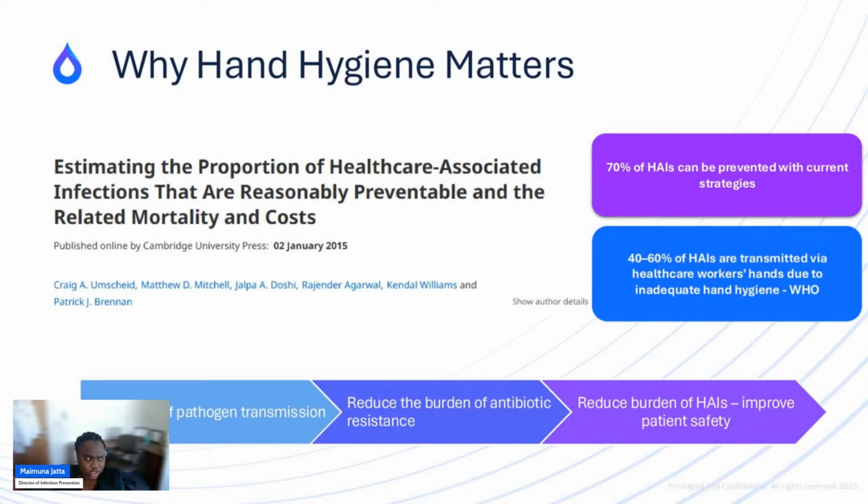I think we cannot overemphasize the importance of hand hygiene in preventing healthcare associated infections. Hand hygiene is the single most effective way to prevent infections. Research, and there have been lots of publications around this, shows that about 70% of HAIs are preventable with current evidence-based strategies.